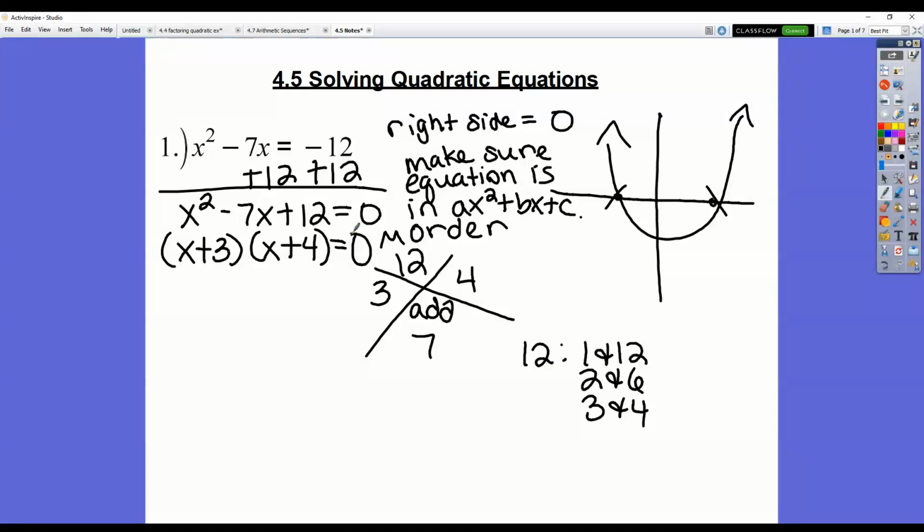So we factored. Now we're going to find the zeros. So you set both factors equal to 0 and solve for x. So how do you get rid of x plus 3? Well, we subtract.